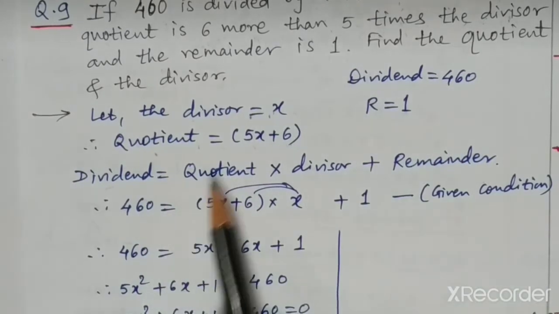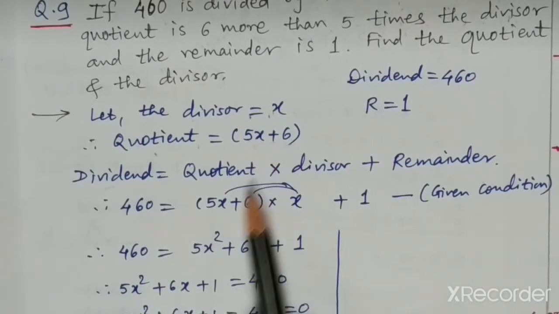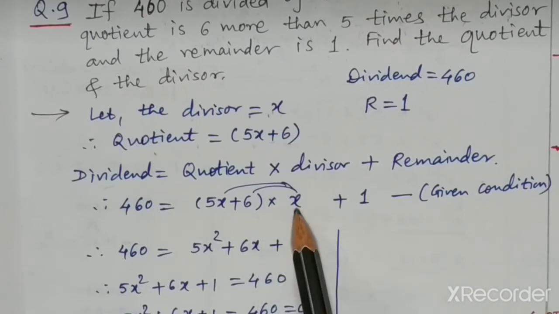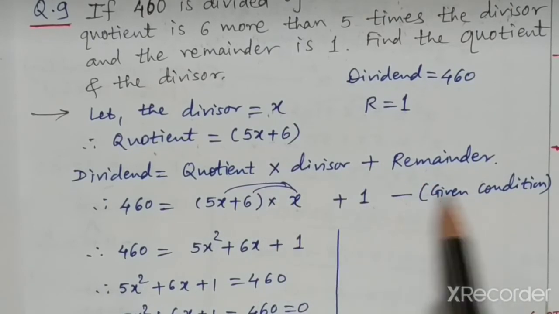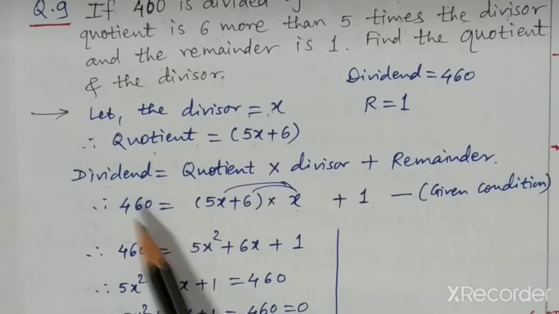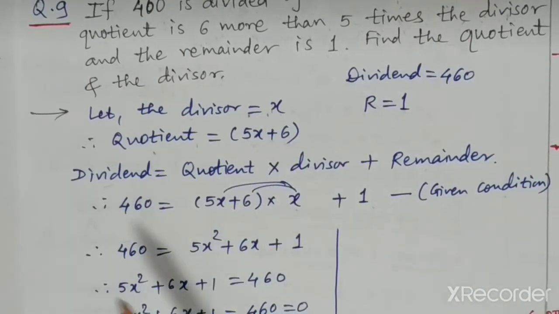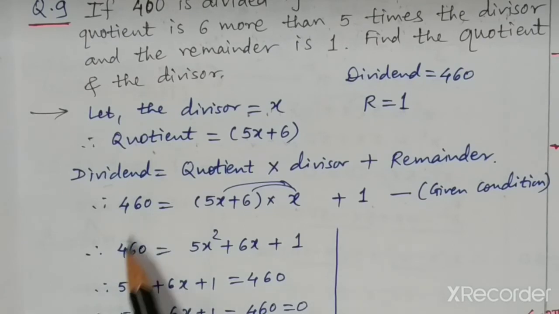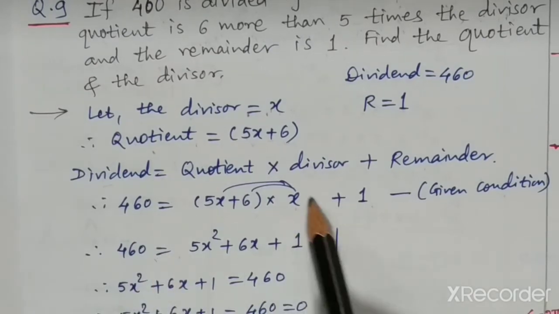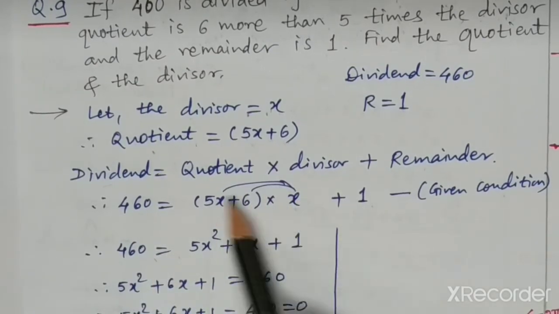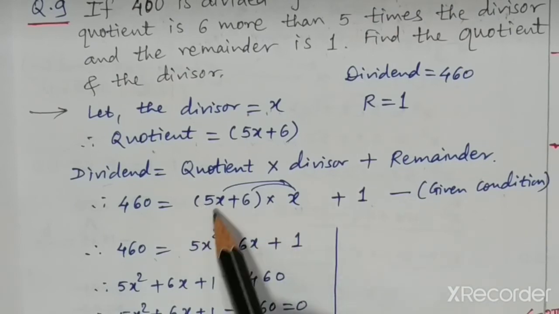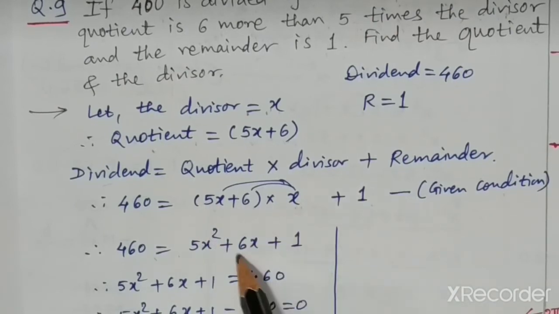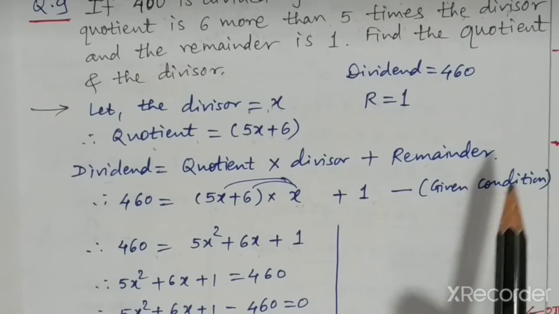Dividend is 460, quotient is 5x plus 6, divisor is x, and remainder is 1. From the given condition we got these values. Now after putting the values we will solve this equation. 460 is equal to the bracket multiplied by x. So x into 5x is 5x square, x into 6 is 6x, plus 1 as it is.